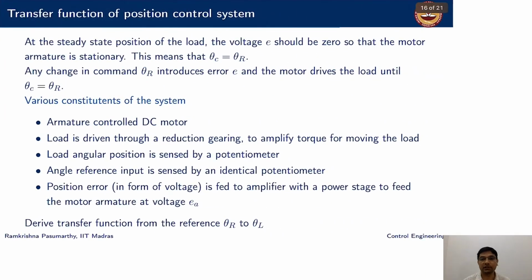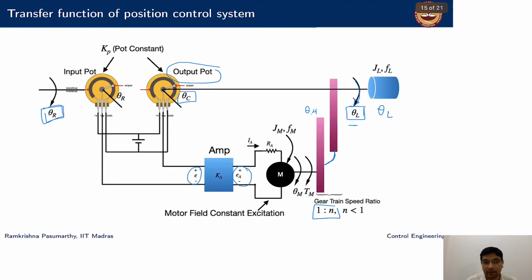At steady state, E is 0 as we just saw, and any change in the command theta r, let's say I want to change the reference to something else, say maybe this is 5 degrees.